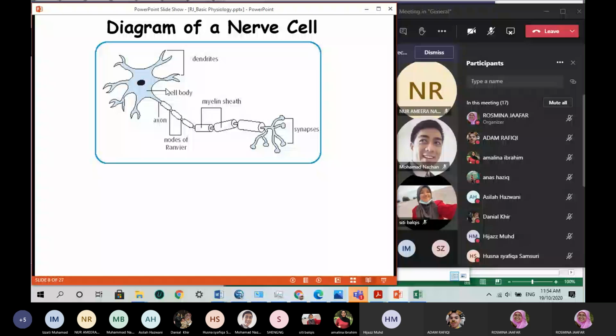And for those who learn about computers, the concept of the artificial neural network takes its example from the neural system. And this nerve can interact with another nerve.